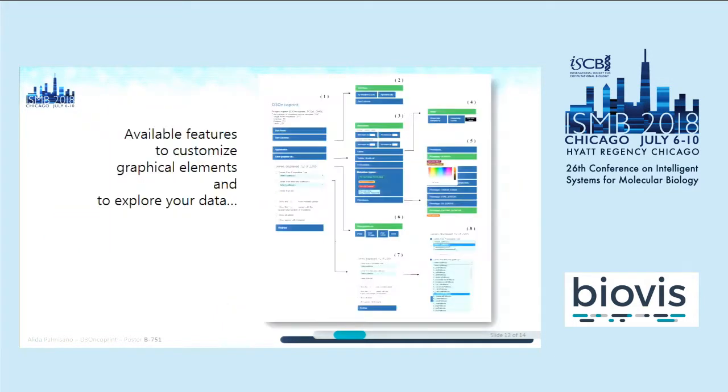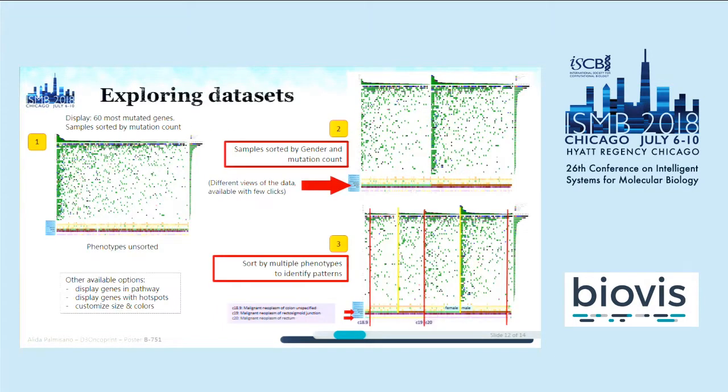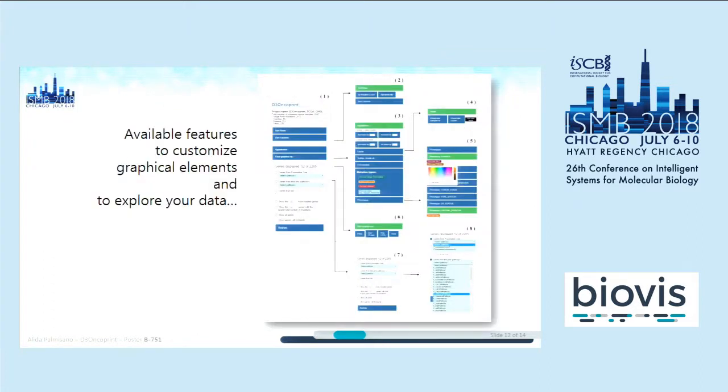So this is just what you can do with the software. You can sort according to these different phenotypes and find patterns in the data that are not easy to see otherwise. And here I put a screenshot of all the different capabilities that you can customize, again, all one click away, pretty much.